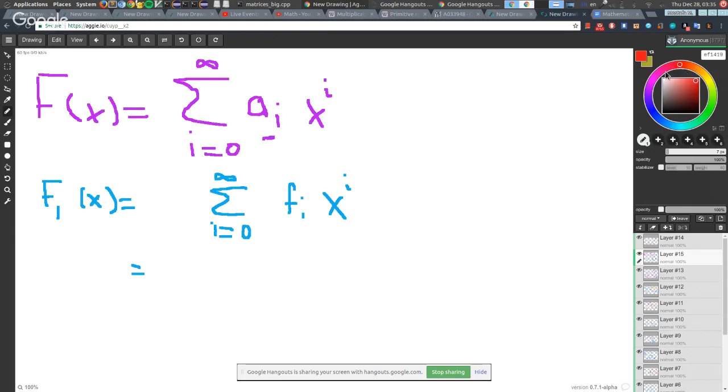Then we start to introduce some properties of the generating function. We can shift the function if we multiply by x. So basically, if we multiply this term by x, this is equal to the sum from i equals 0.